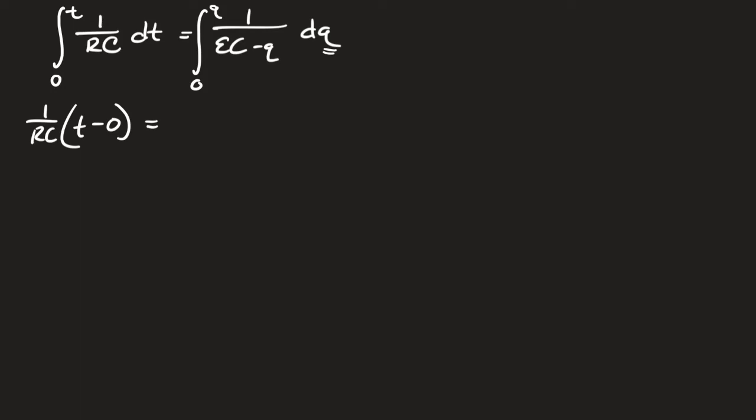The favorite one here is that we're going to have to do u sub, and I know you guys love u sub. So my u sub is going to be u equals EC minus Q, because that's the appropriate u sub here. And to do that, I need to take the derivative, so du equals minus dq.